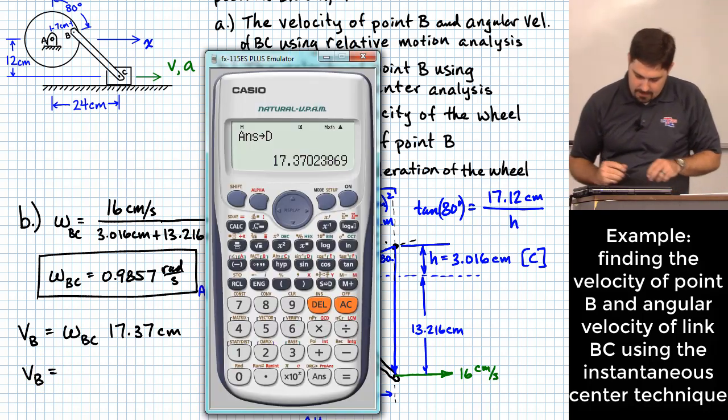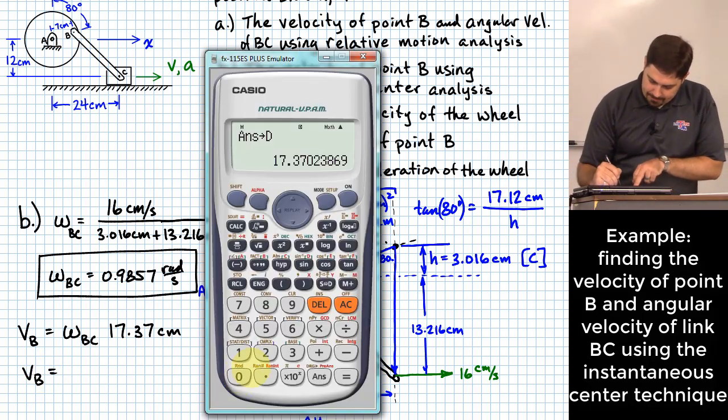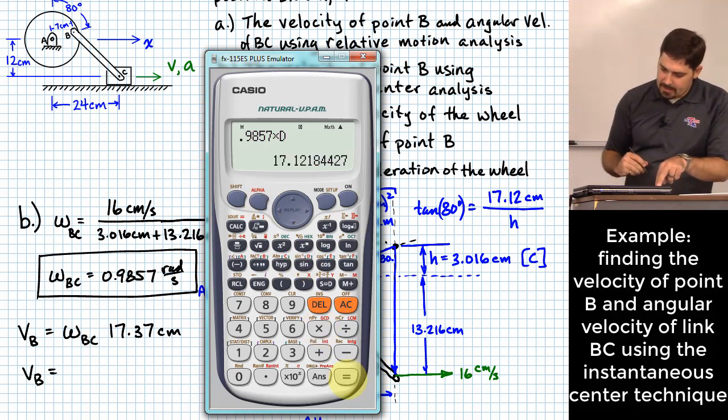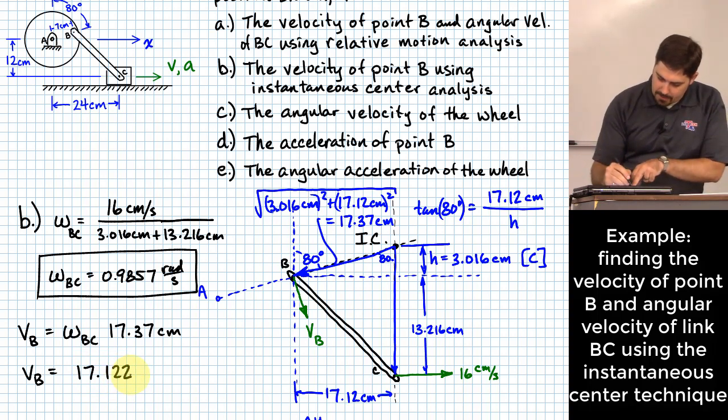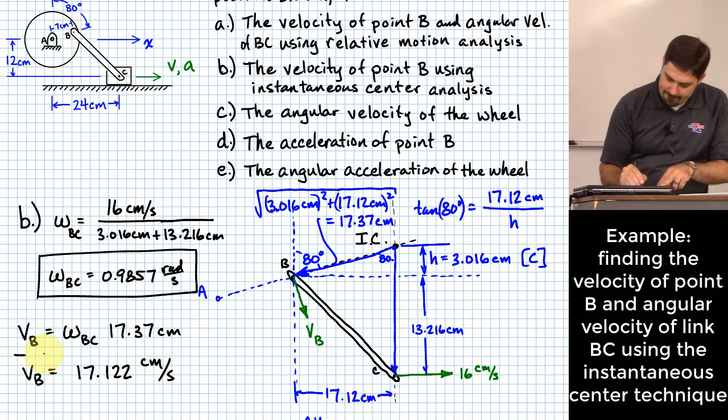That gives me 0.9857 times what I had in D, and that gives me 17.122. Units on that would be centimeters per second.